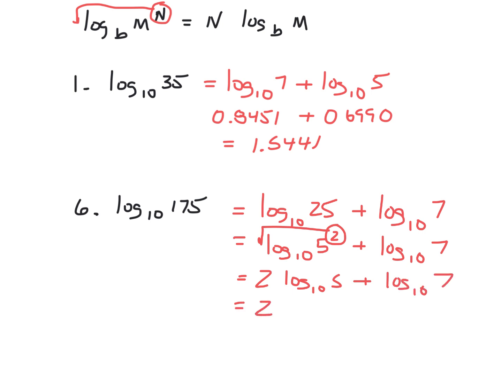Then substitute in those known values. Again, log base 10 of 5 is 0.6990, and log base 10 of 7 is 0.8451. Grab your calculator and do the computation: 2 times 0.6990 plus 0.8451 gives you a total of 2.2431.